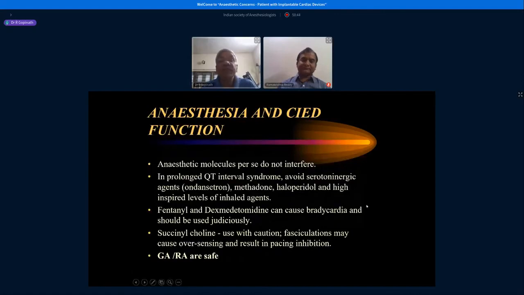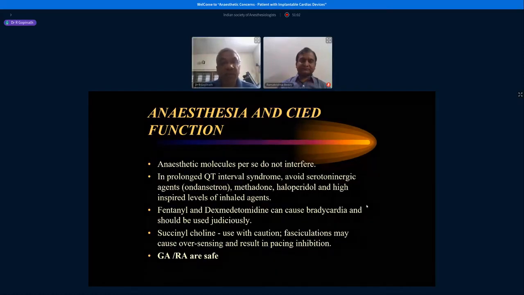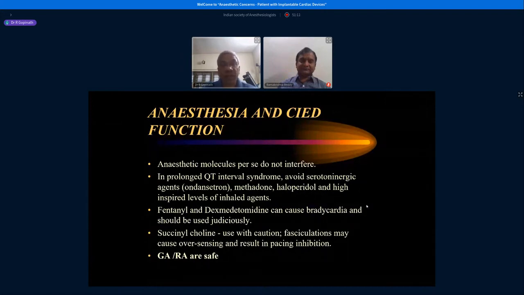So coming to anesthetic function, anesthesia and the CID device, one is you must understand that none of the anesthetic drugs or molecules that we use per se interfere with the device and the electrical properties that are associated with it or the myocardial function per se. Whereas in patients with prolonged QT interval syndrome, so especially now in COVID times, you should understand patients getting, say, hydroxychloroquine or remdesivir, any of these drugs, they are likely to cause prolongation or interference with the QT interval.